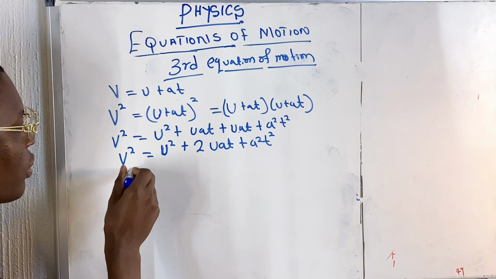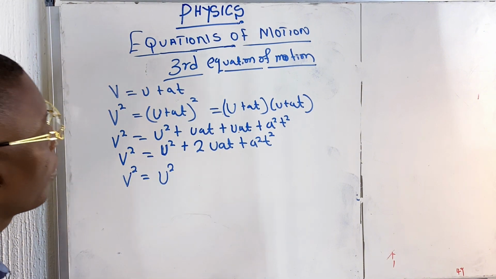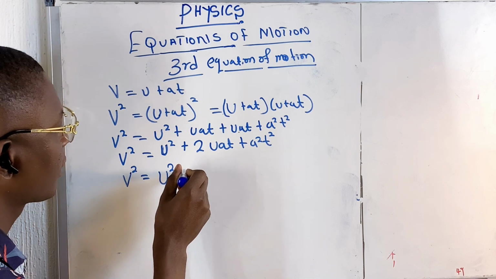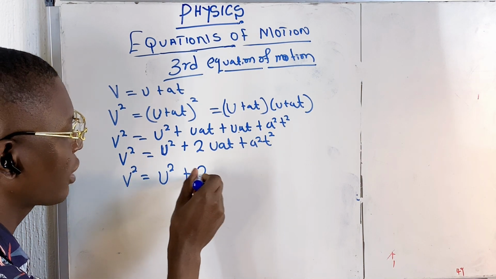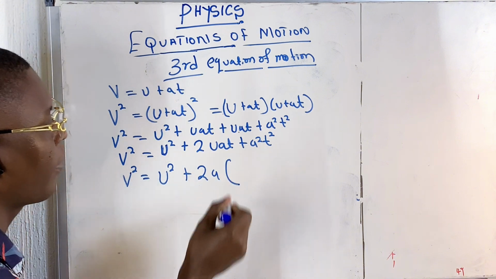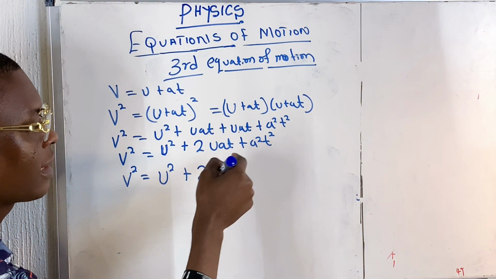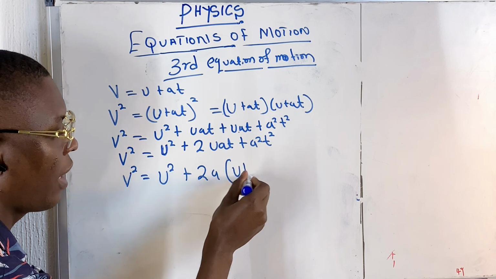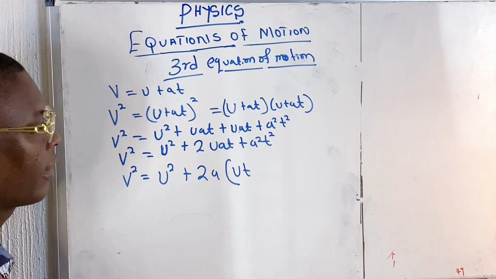We have V squared is equal to U squared. Now, plus, we want to factor out 2a from this. So when I write 2a out, I open a bracket. Now, what will be left inside for this to complete UAT? So I will be left with UT here, right? Because 2a times UT will give me 2UAT.